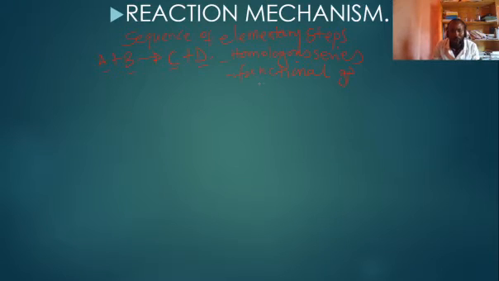So if you know the different functional groups, and you know how to convert from one functional group to the other, the reaction conditions, the reagent, you are already a master of organic chemistry. That's how I explain it.